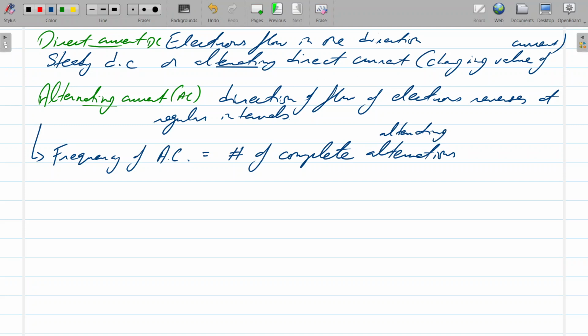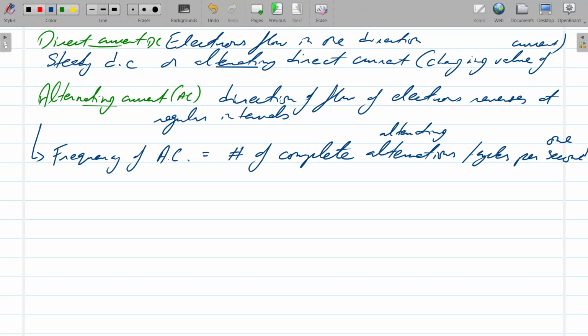So the number of complete alternations of current, or cycles of current, per second.